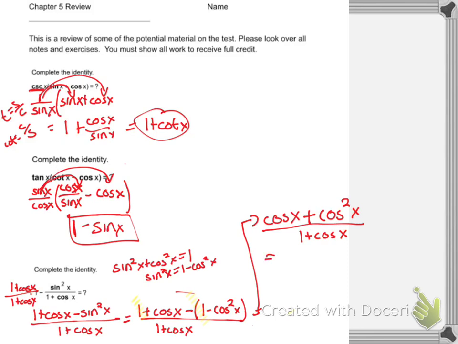Hopefully you're starting to see that we have something happening in the numerator, so I can factor out a cosine x. So we end up with cosine x times 1 plus cosine x over 1 plus cosine x. We have something in common in the numerator and denominator. Those are equivalent to 1, and we're left with just cosine x. Okay, I have to pause so I can readjust my page. Please pause as you need to make sure you're getting this down.